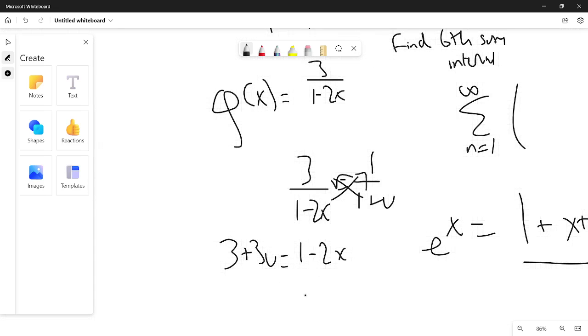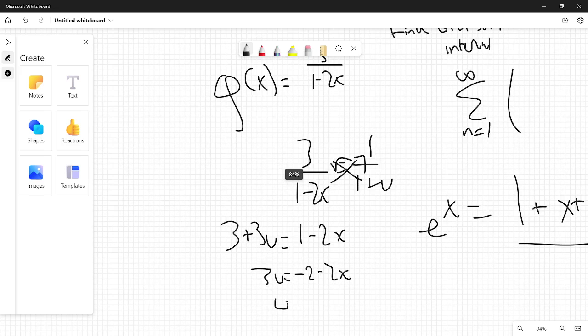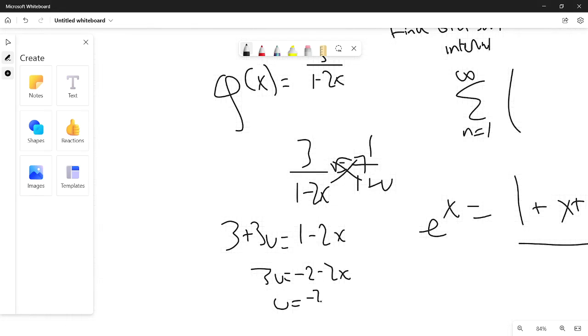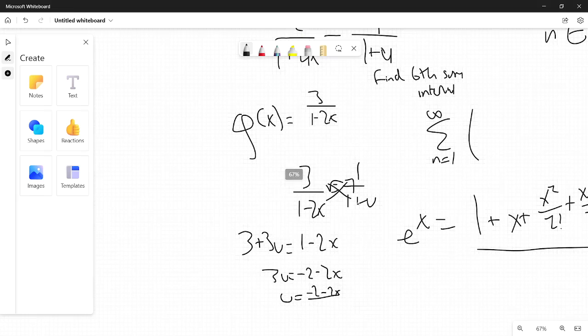So let's subtract 3, negative 2 minus 2x, 3u, and then u equals negative 2 minus 2x. No, this is actually 1 minus u, I think. Isn't it? Yeah, it's 1 minus u. I thought I'd written something wrong. So this is going to be positive 2 over 3.